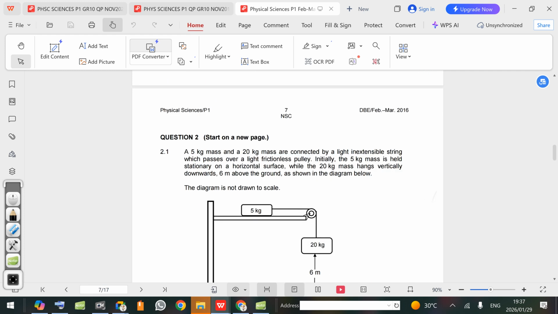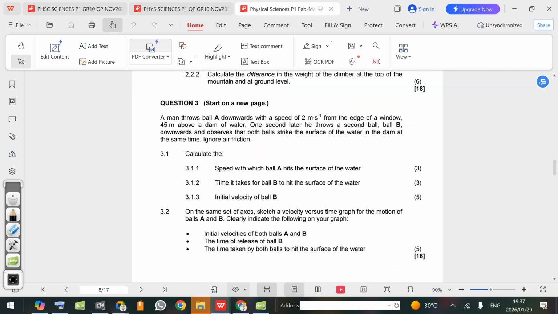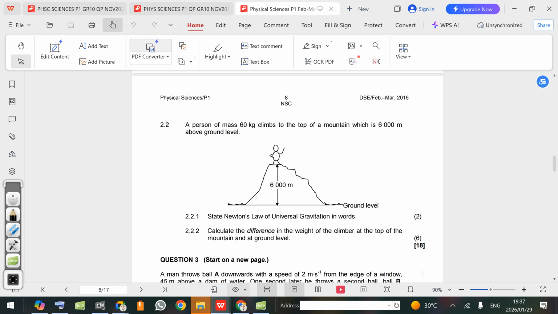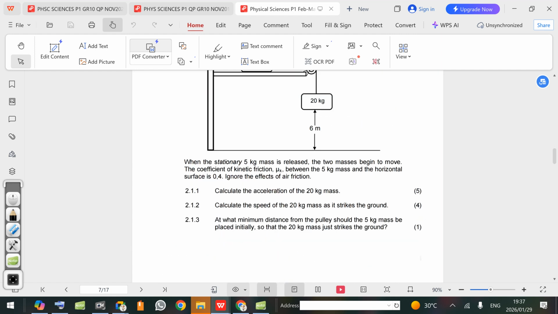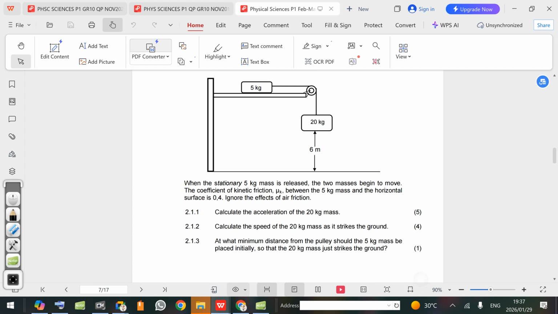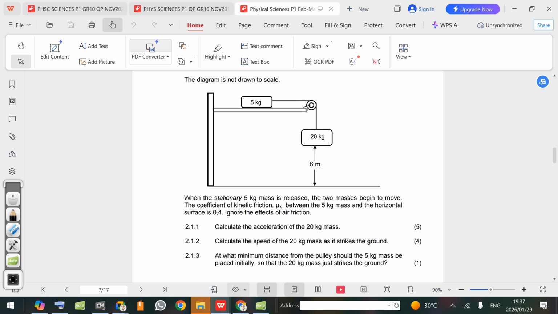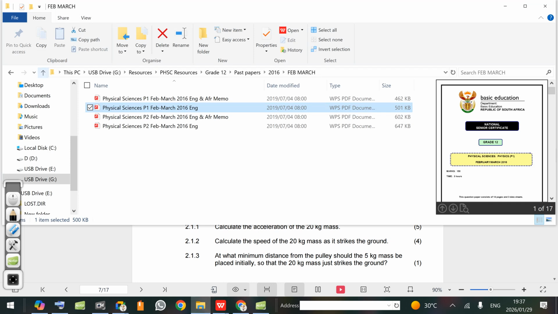Nope, doesn't work here. This is Newton's laws. That's what your question would look like.